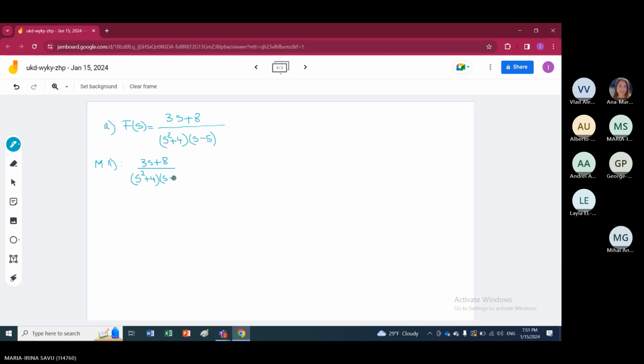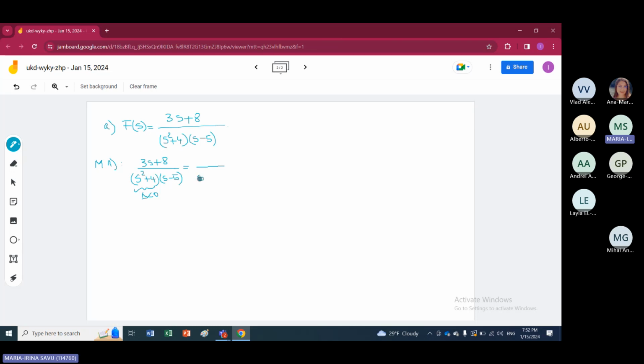Actually, no, 2, I'm sorry. We would have had 3 if one of the parentheses was at the second power. Yes, exactly. So in this case, we have a product of two expressions. For this one, delta is negative. And for this one, you have a polynomial of degree 1.